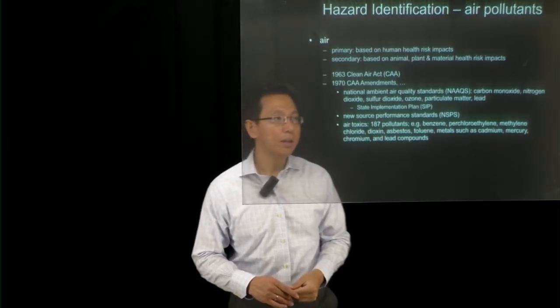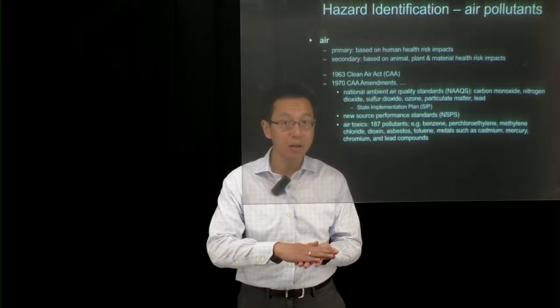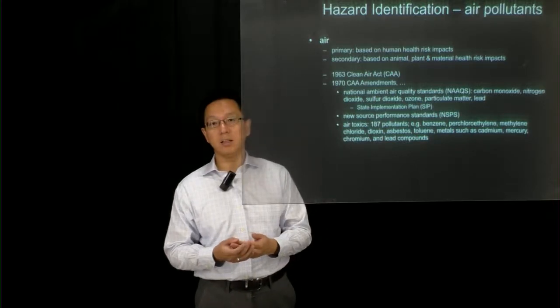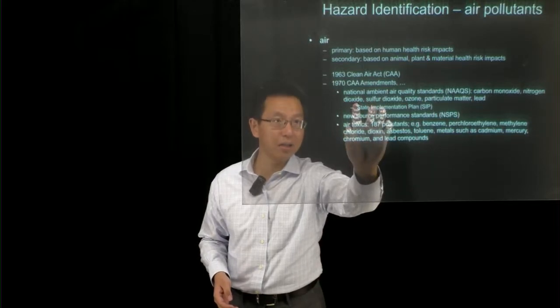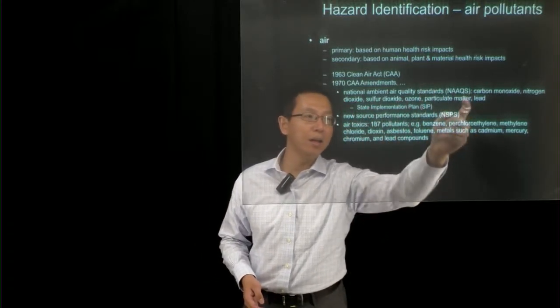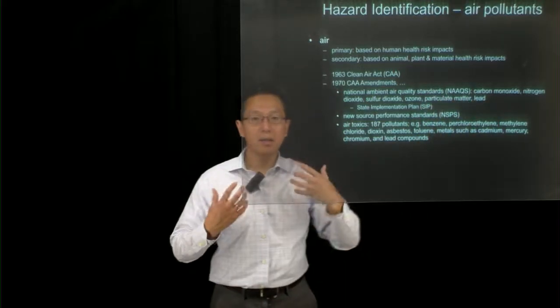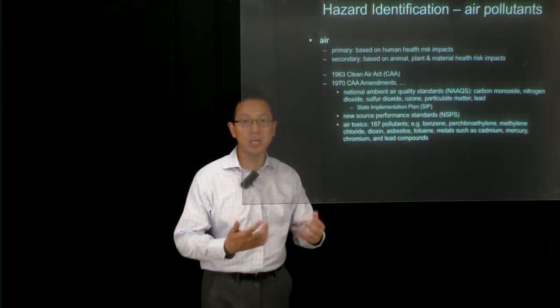This standard has a very detailed list for different chemicals. The biggest ones of concern in air are the six criteria pollutants: carbon monoxide, nitrogen dioxide, sulfur dioxide, ozone, PM2.5, PM10, and lead. Those concentrations are set in the NAAQS, National Ambient Air Quality Standards.